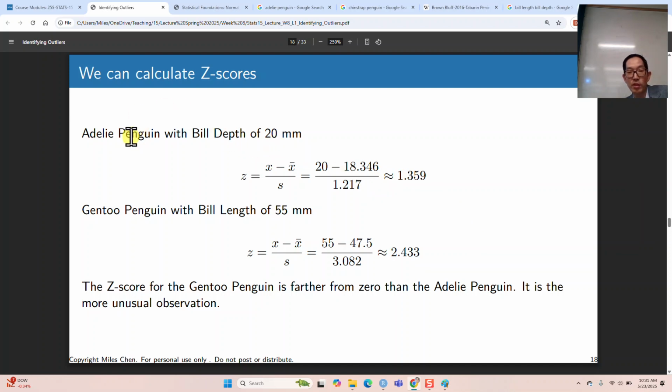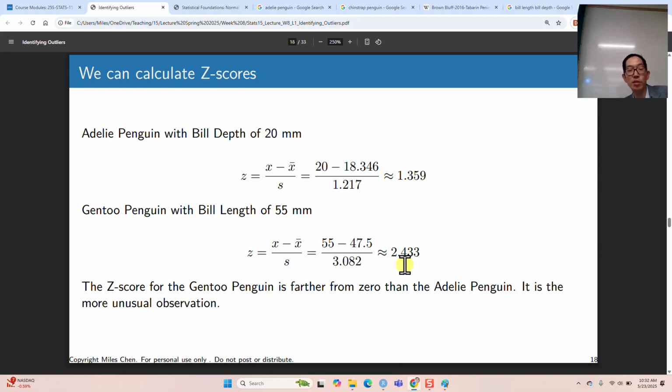For the Adelie penguin with a bill depth of 20 millimeters, the average is 18.346 and this one is at 20, so that's about 1.7 above the mean. Each standard deviation is 1.2, so it's around 1.36 standard deviations above the mean. Its z-score is 1.36. The Gentoo penguin is above the mean by about 7.5, and each standard deviation is around 3, so it's 2.4 standard deviations above the mean.